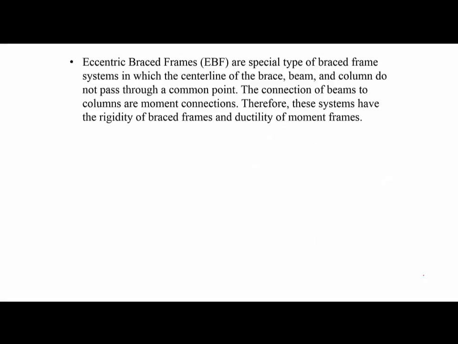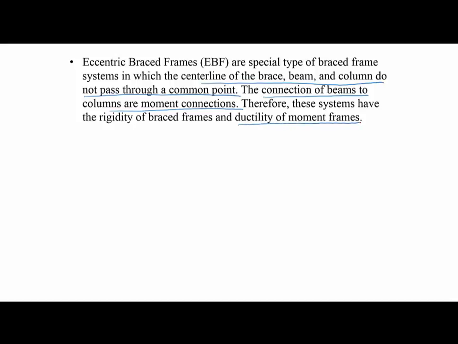Now, we have a different category of brace frame called eccentric brace frame. These are a special type of brace frame in which the center line of the brace, the beam and column do not pass through a common point. The connection of the beams to columns is a moment connection, and for this reason they provide ductility.